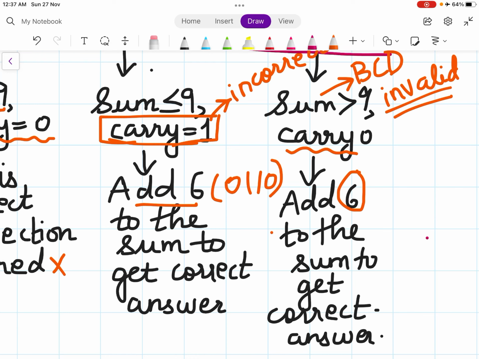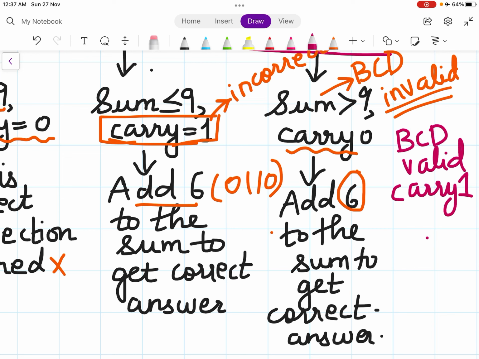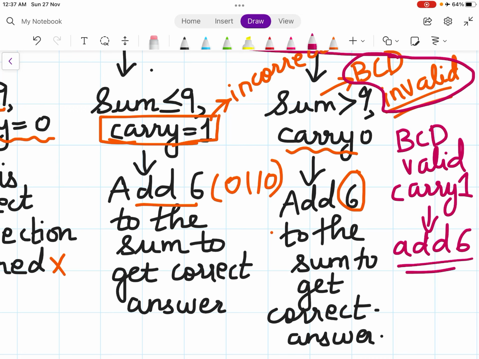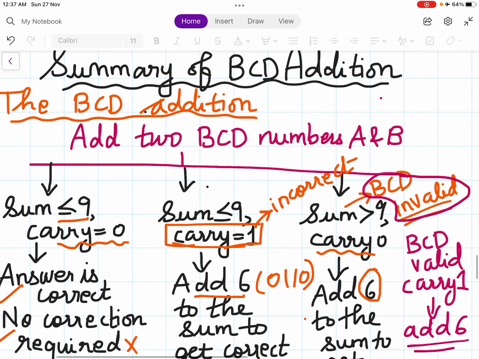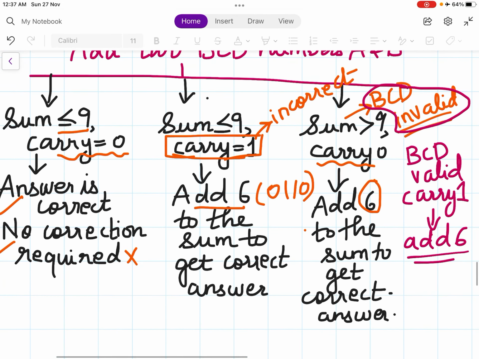One case is the BCD is valid, but the carry generated is 1. Then you add correction 6. And the second case is the BCD is invalid because the sum is greater than 9. Then also you have to add the correction 6. So this is the summary of BCD addition.